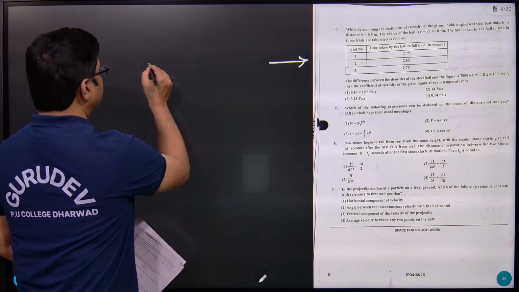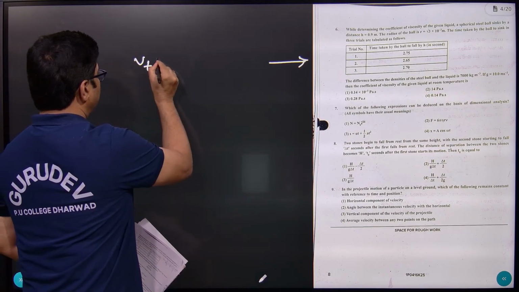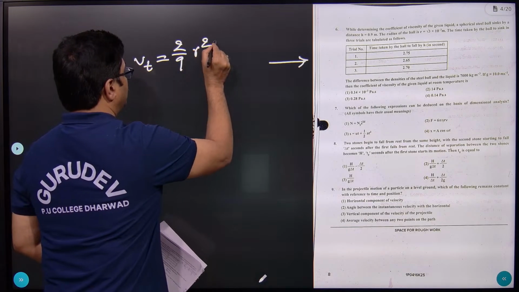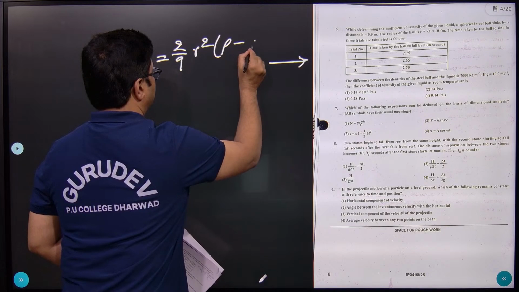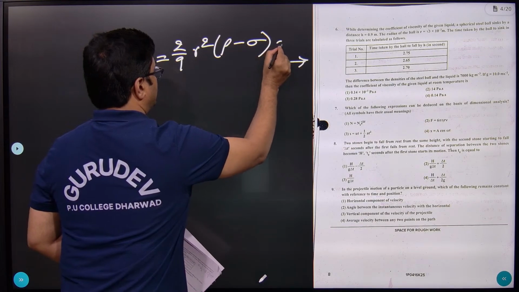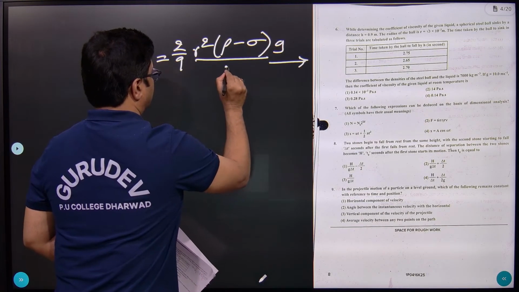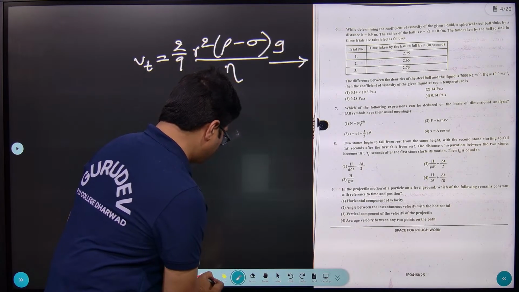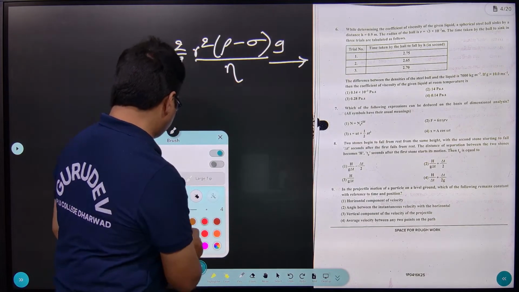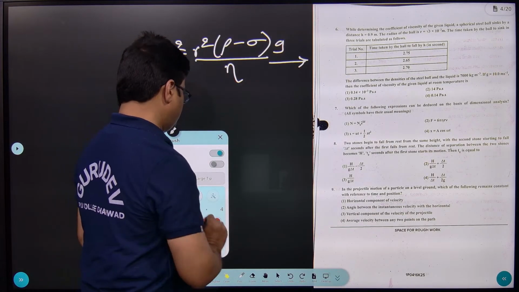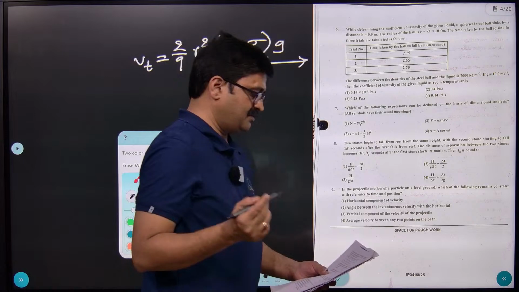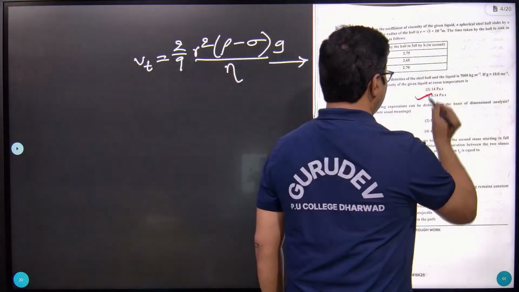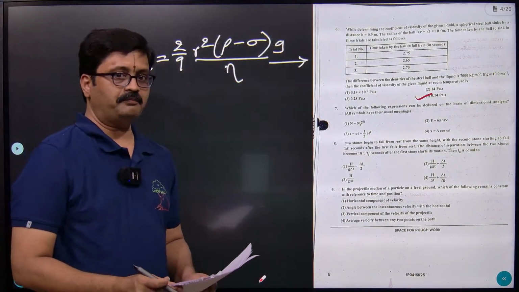Vt is equal to 2 by 9 r square into rho minus sigma into g divided by eta. If you use this formula and make the calculation, my dear friends, any guesses? It should be 0.14 Pascal second.